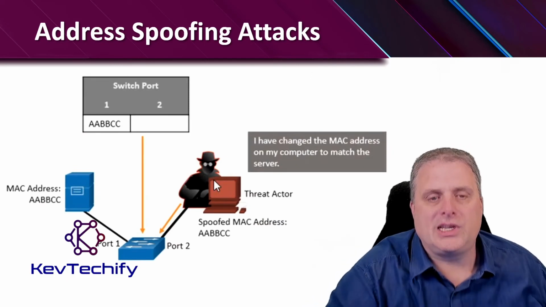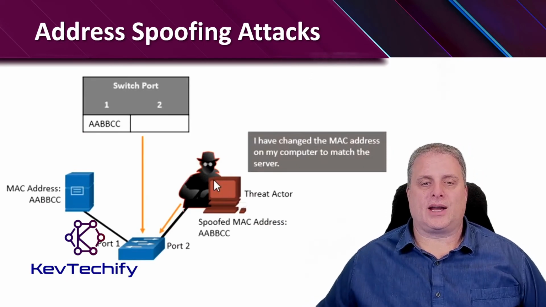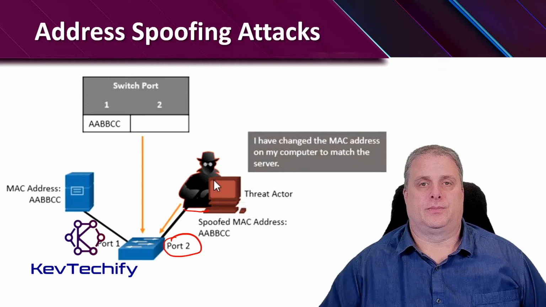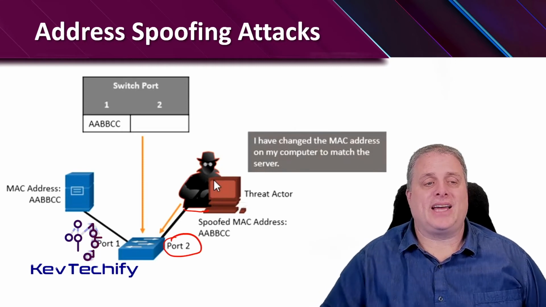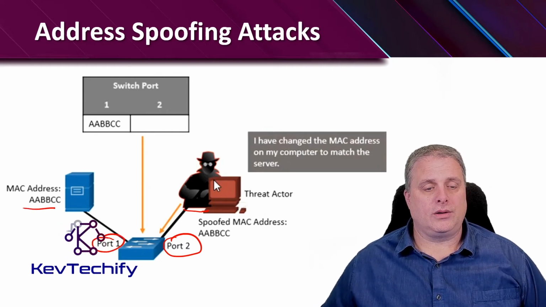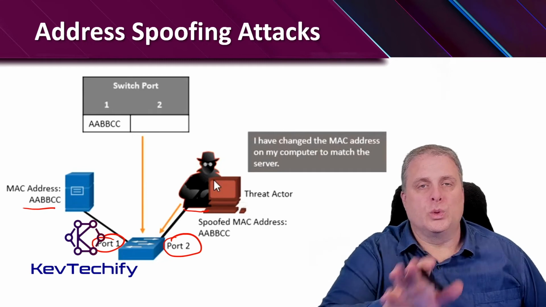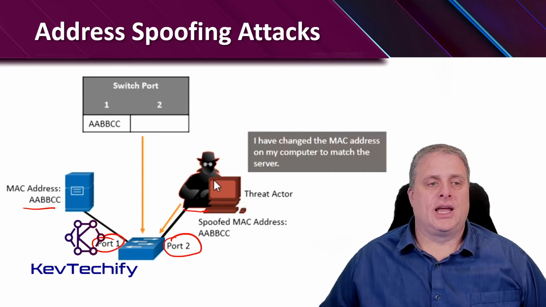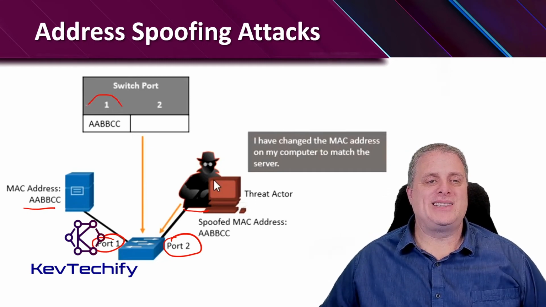Now, what it comes down to is our threat actor here is connected onto port 2 on a switch. They see the MAC address of the server that's existing on port 1. The switch right now understands that the server resides on port 1.